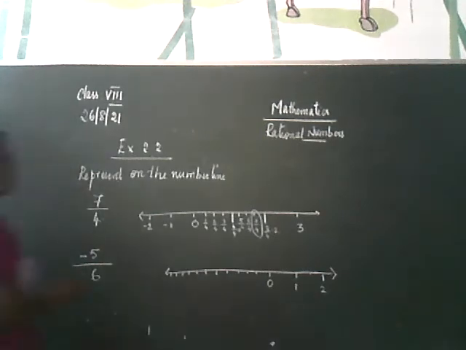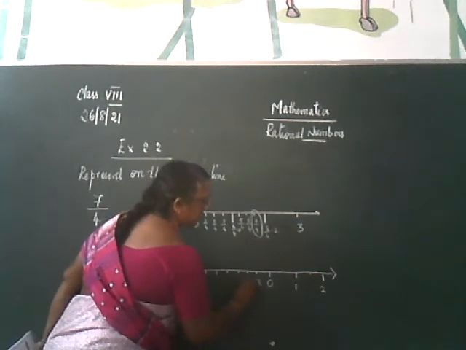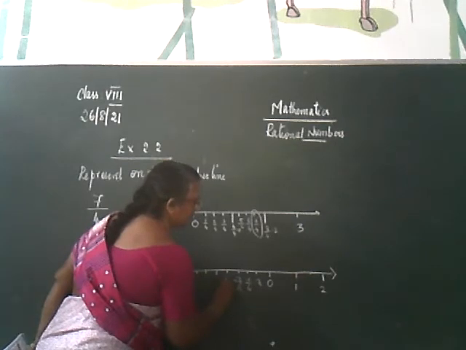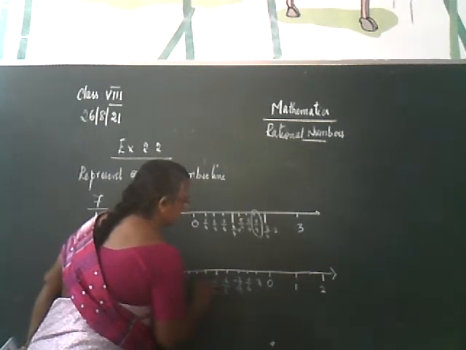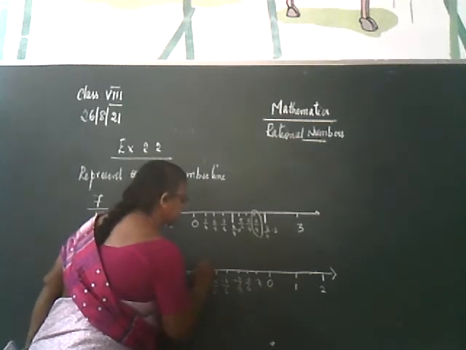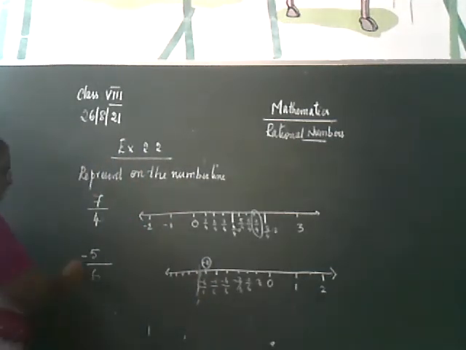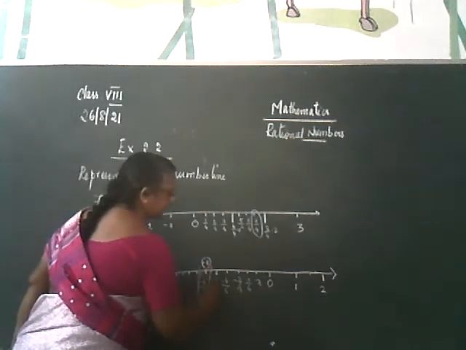So this side what you will have? Minus 1 by 6. Minus 2 by 6. Minus 3 by 6. Minus 4 by 6. Minus 5 by 6, minus 6 by 6, minus 6 by 6 is minus 1, isn't it? But I want which one? Minus 5 by 6, so I got it.